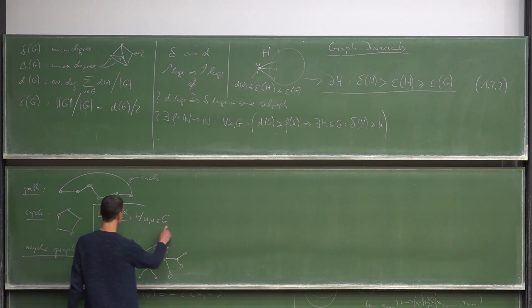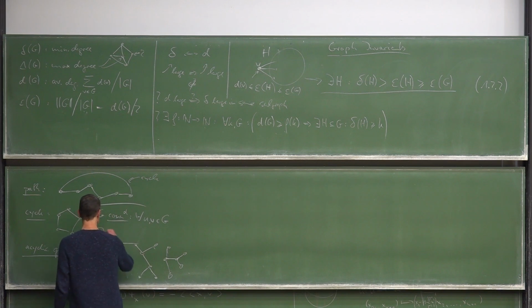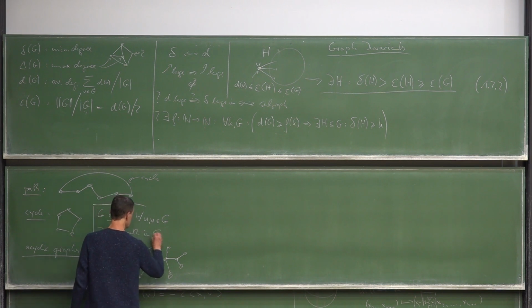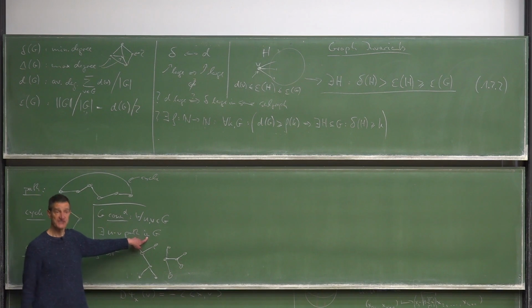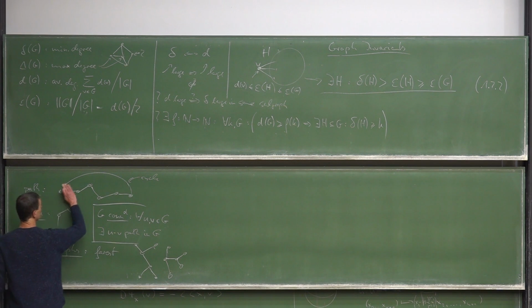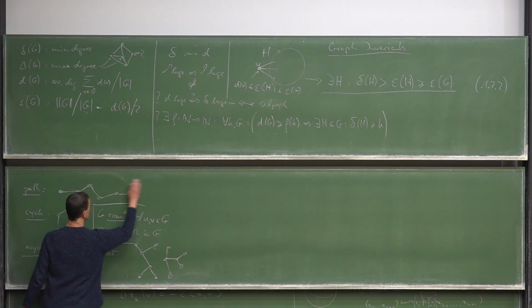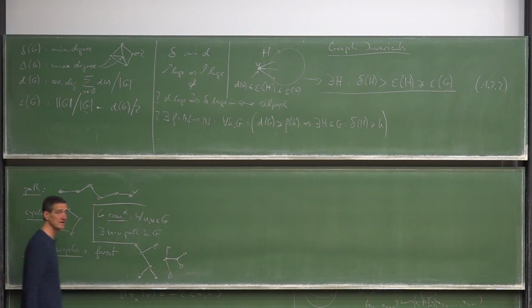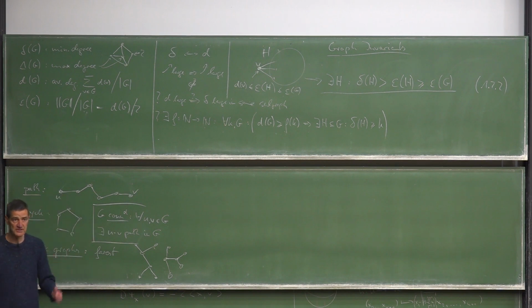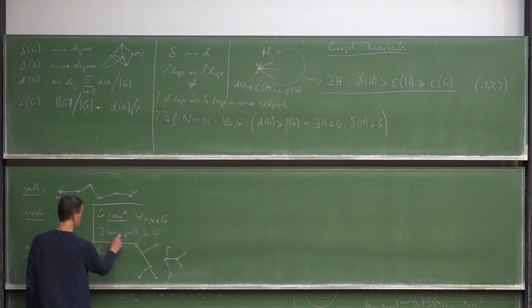So for every two vertices of G, there exists a UV path in G. Now, in means subgraph, and a UV path is a path whose first and last vertex, or last and first vertex, they're not distinguished, whose unique two vertices of degree 1 are U and V.